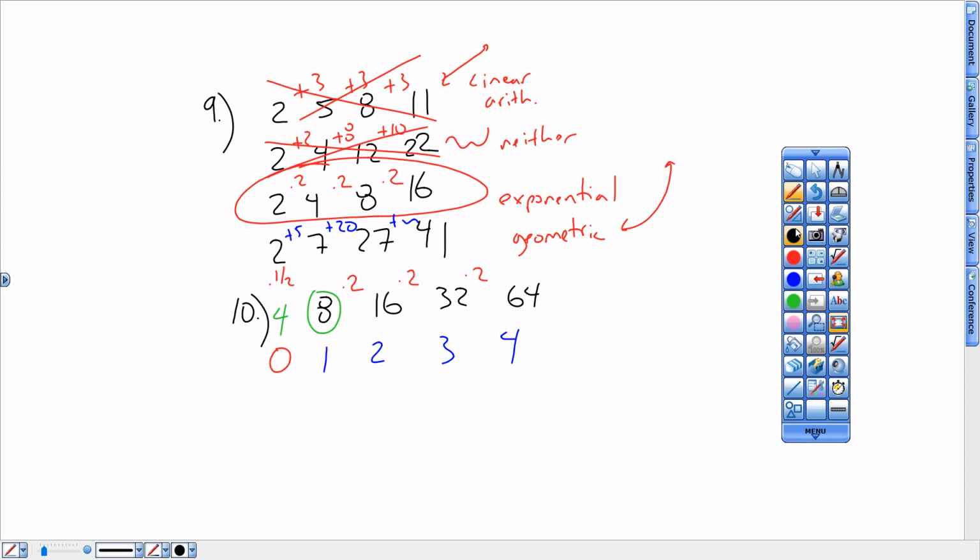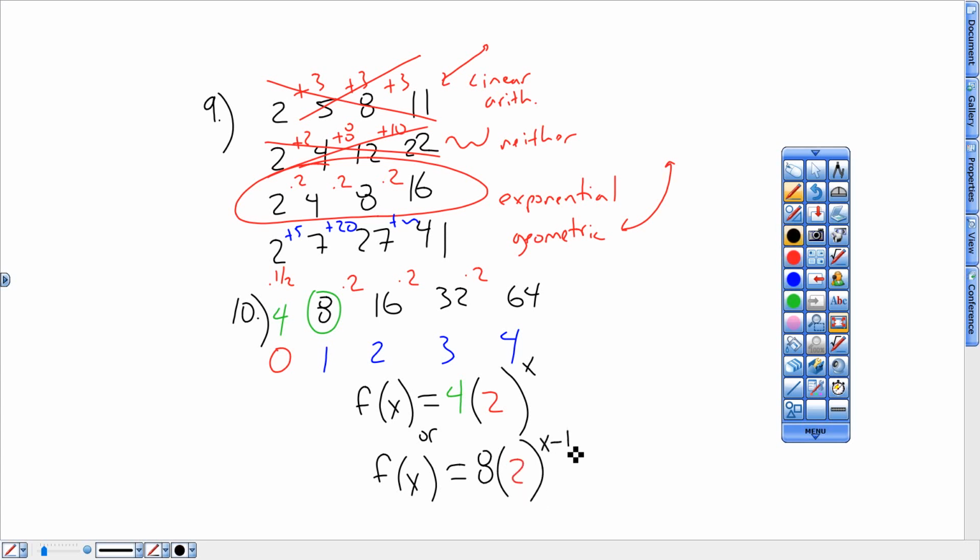Explicit with both terms, I could either use my 0 term times that r number to the first power if it's the 0, 1, or if I'm using the first term, it would be that 8 right there times 2, but raised to the x minus 1 power. And again, notice on those I'm not giving the first term because they're not recursive.